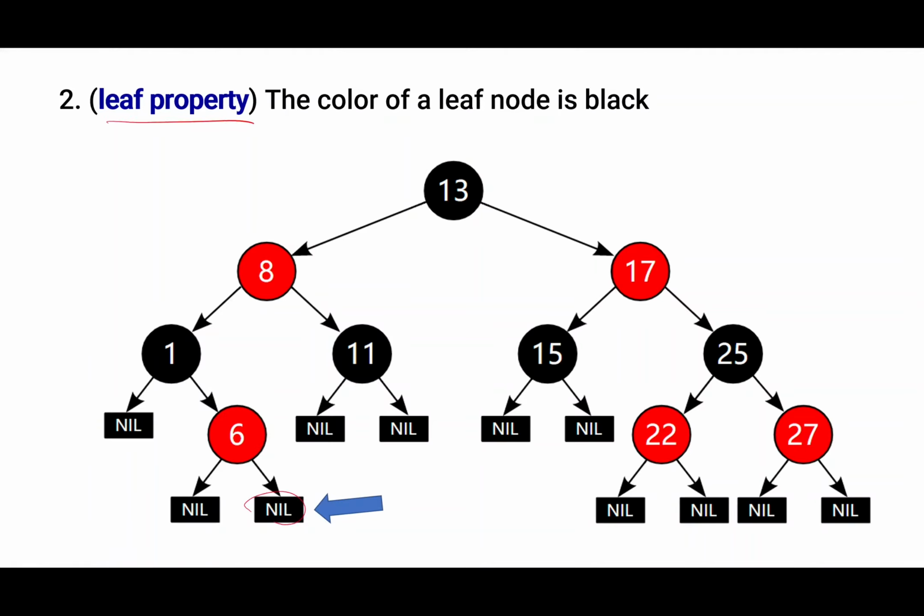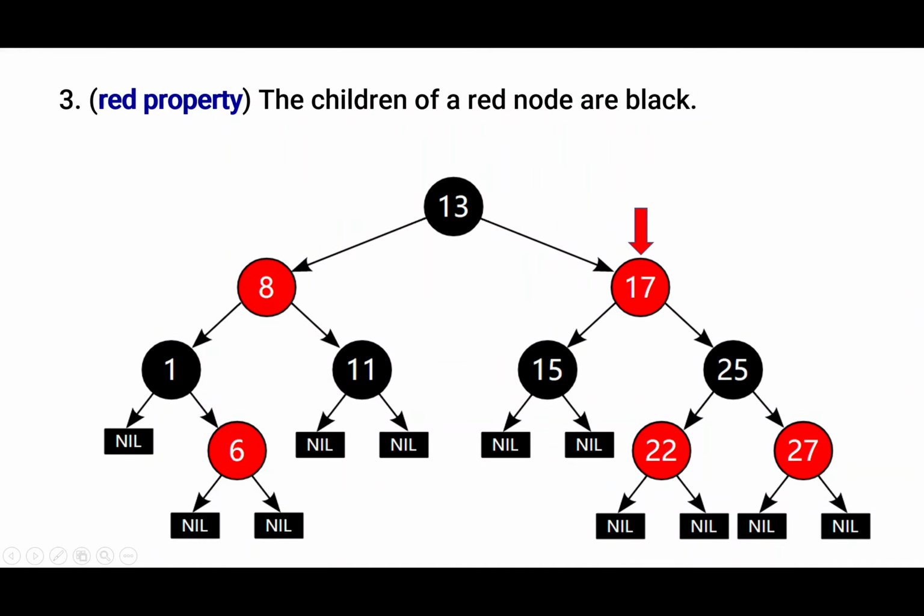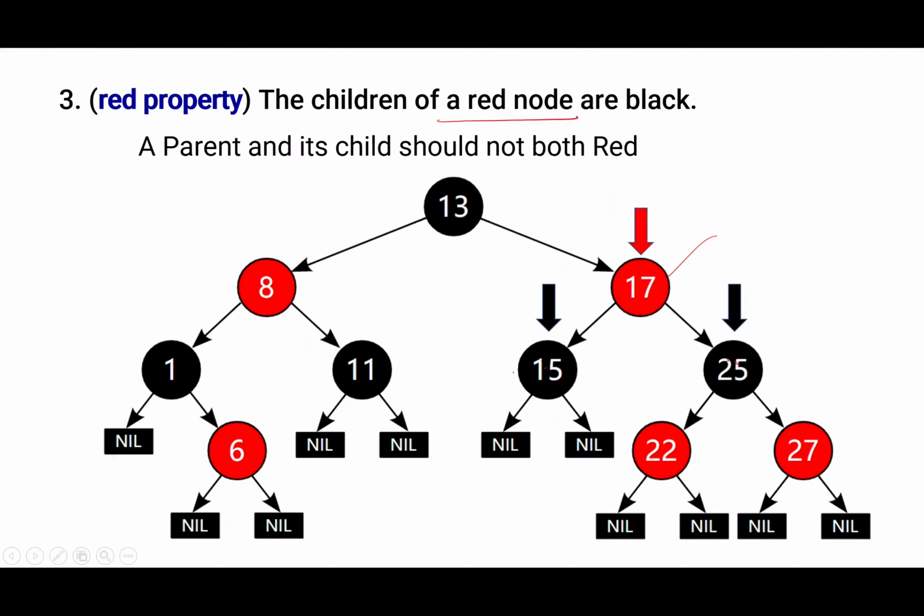The leaf node should be black. Red property. For any red node, its child should be black. So a parent and its child should not both be red.